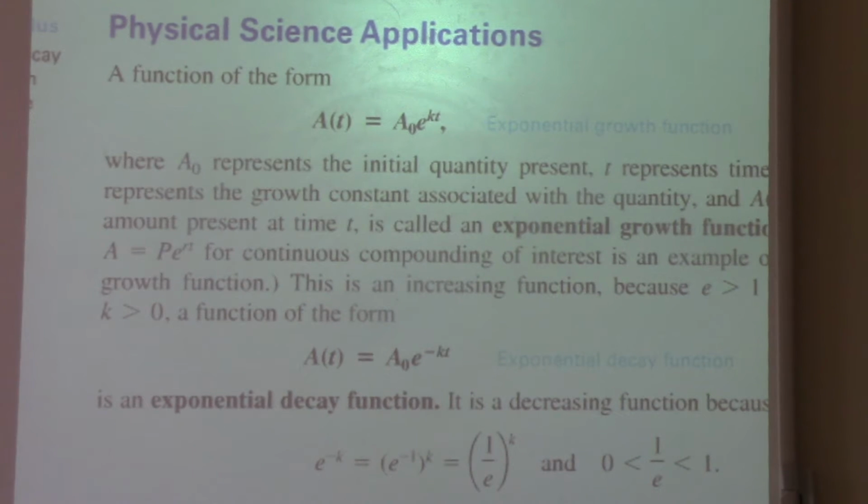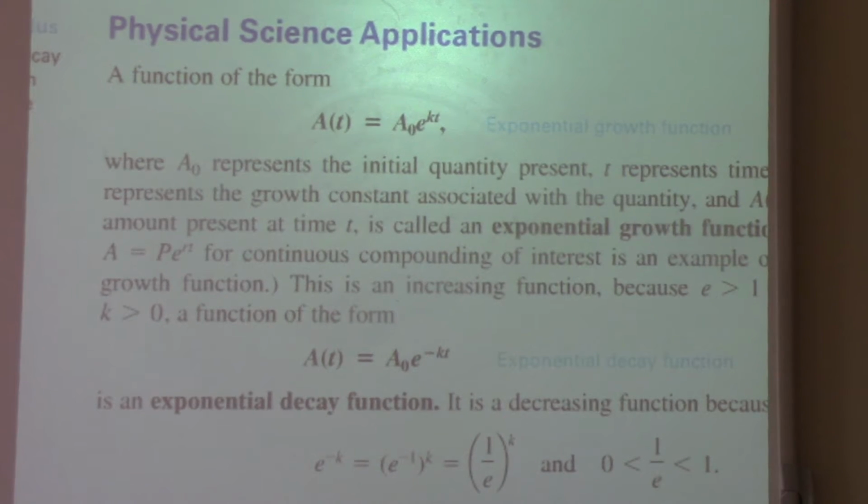The one with a positive exponent is exponential growth, which is a lot of business applications, versus the negative exponent, which is the one you don't want to see in business. Why? It means you're losing money.